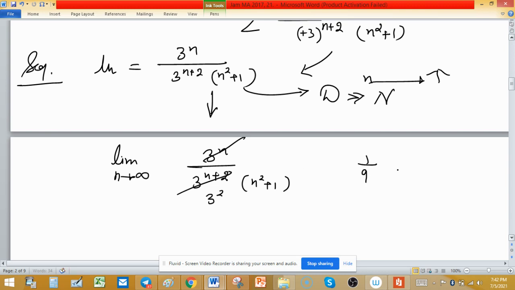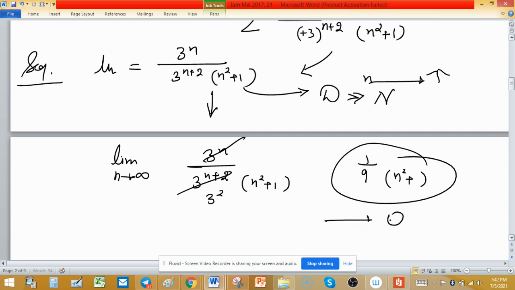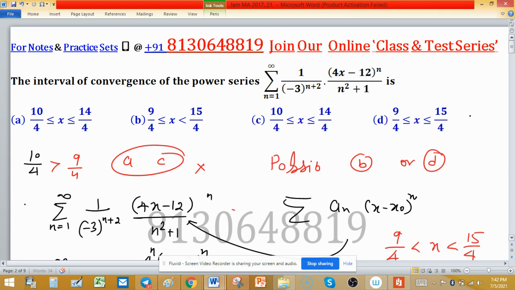So 1 upon 9 n square plus 1. After putting the limit n tends to infinity, we get this limit tends to 0. So both conditions of the Leibniz test are satisfied, so this series is convergent at 15 by 4, means 15 by 4 is a point of convergence, so option D is correct.